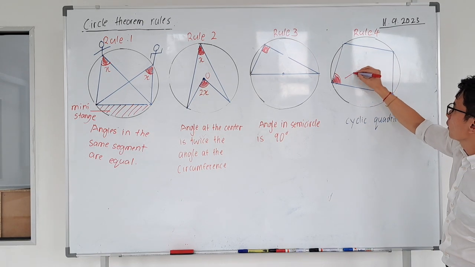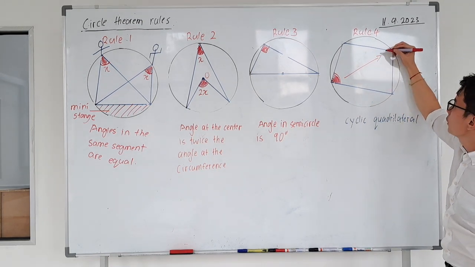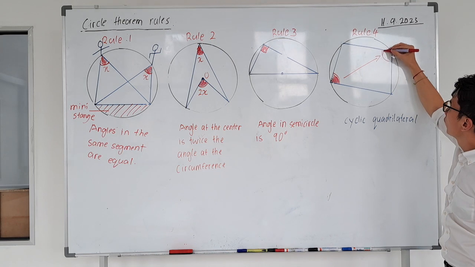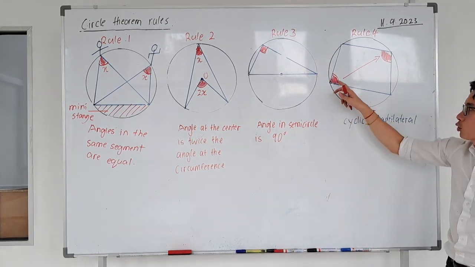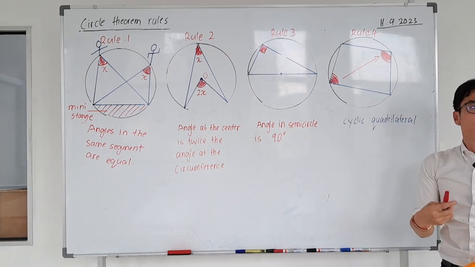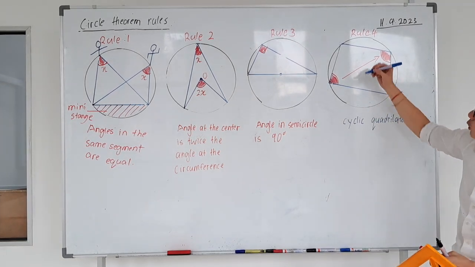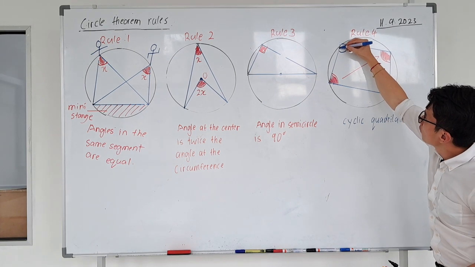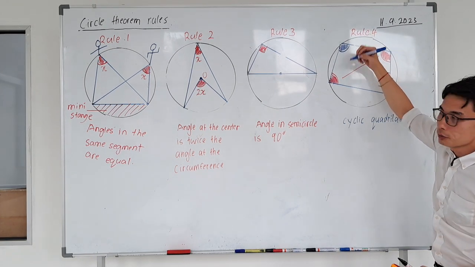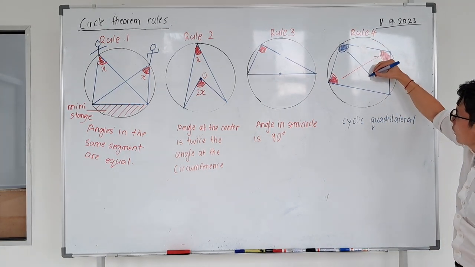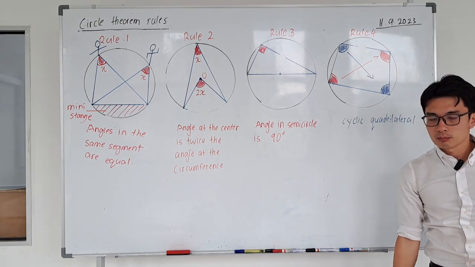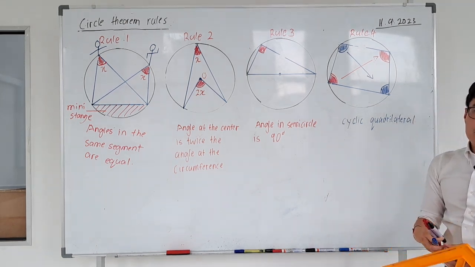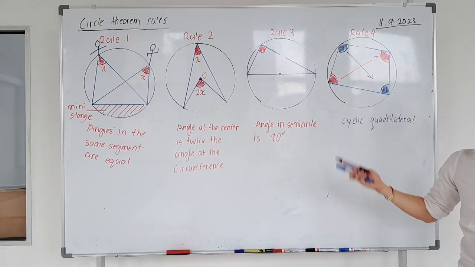So its opposite angle is referring to this angle over here. And again, I would like you to use a protractor, measure these two angles and find their relationship. You can also use this angle and find the relationship to its opposite angle and see what you find. Okay, you can pause the video, use your protractor and try this out.